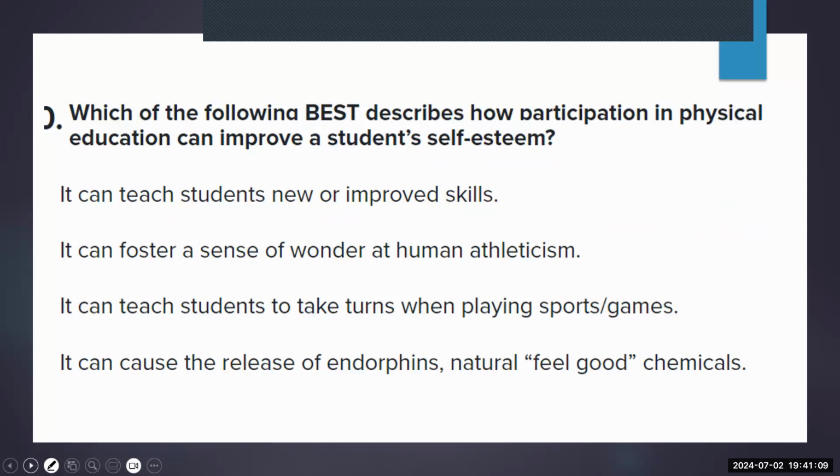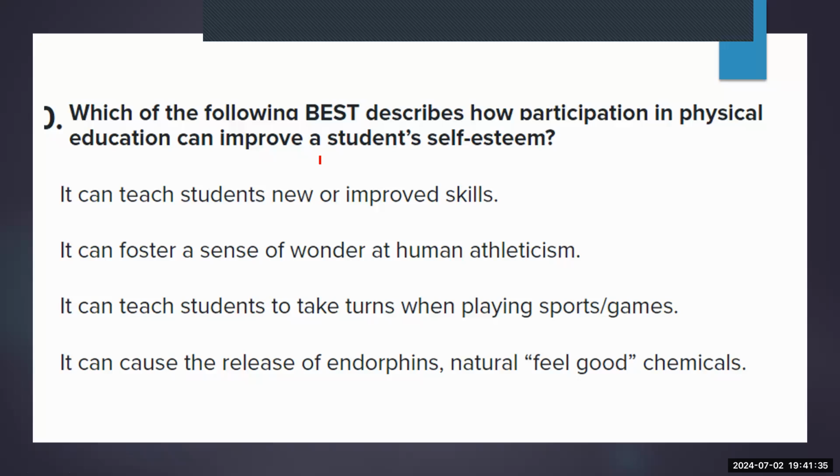Which of the following best describes how participation in PE can improve a student's self-esteem? So how are we going to improve their self-esteem? What do we think of these choices? Anything we like, dislike?